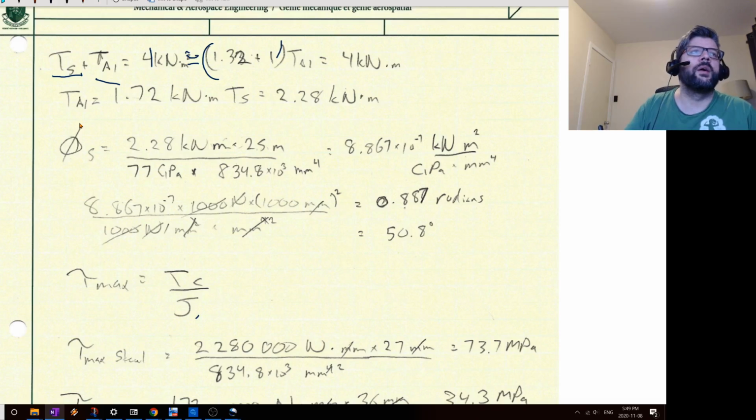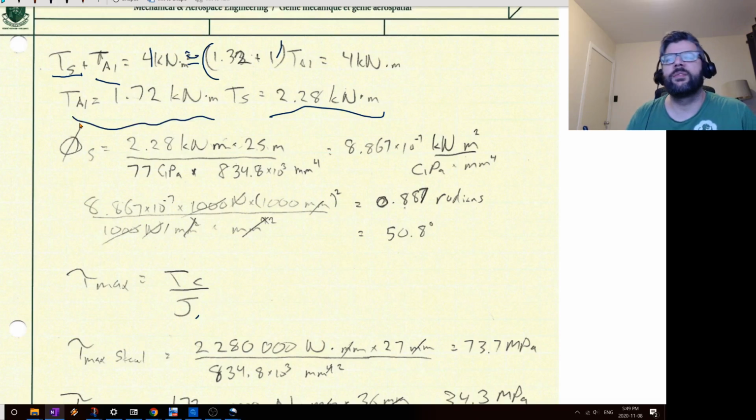So from there, we know the torque in the steel and we know the torque in the aluminum. We can figure out what the twist would be. We know that the twist is the same in both of them, so we can use either equation to solve for the twist. I'm going to use the steel one. Torque in the steel times the length, 25 meters, divided by the G for the steel and the J for the steel.